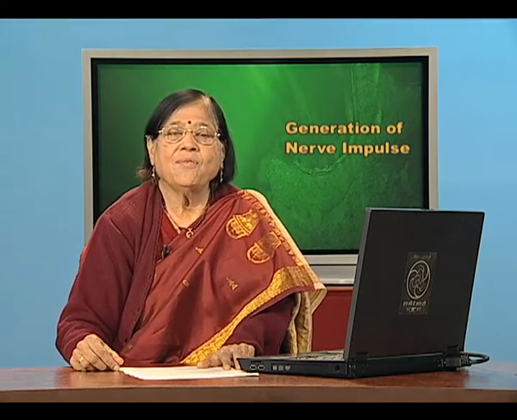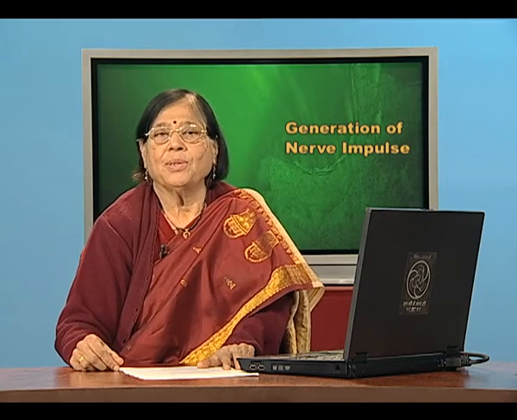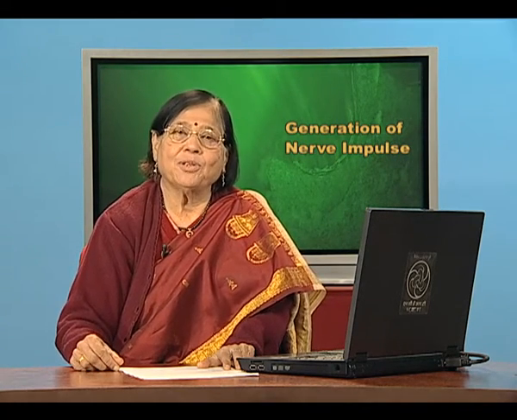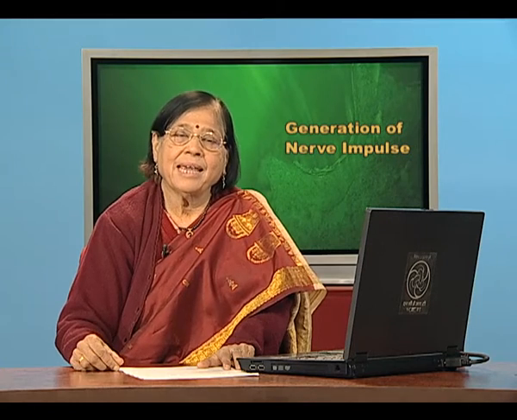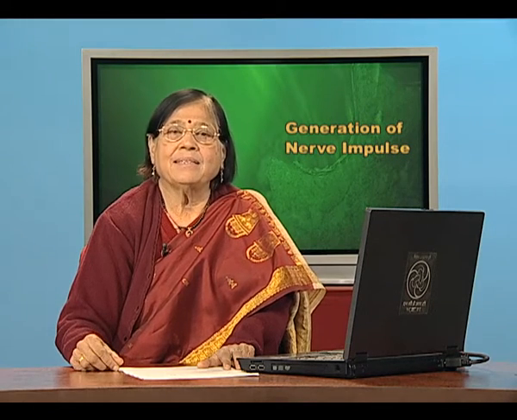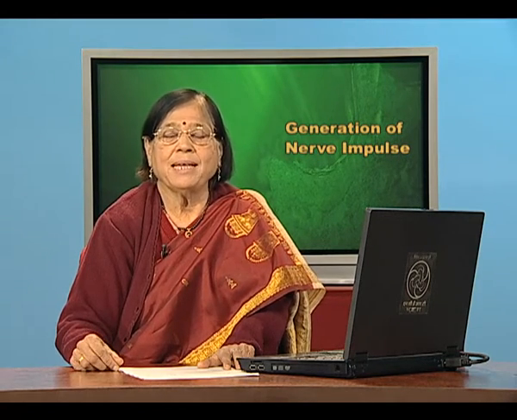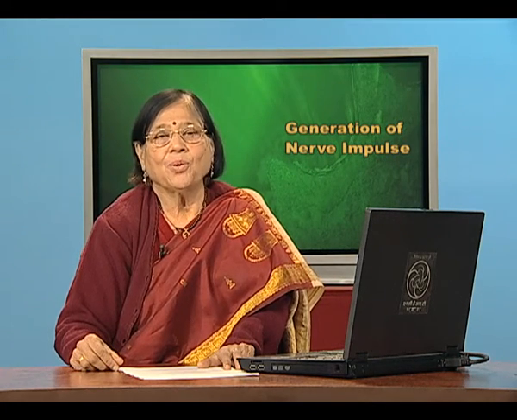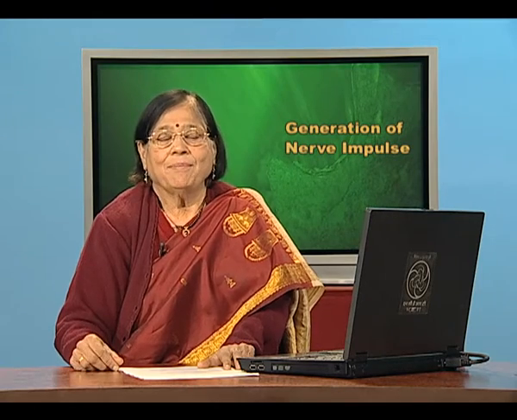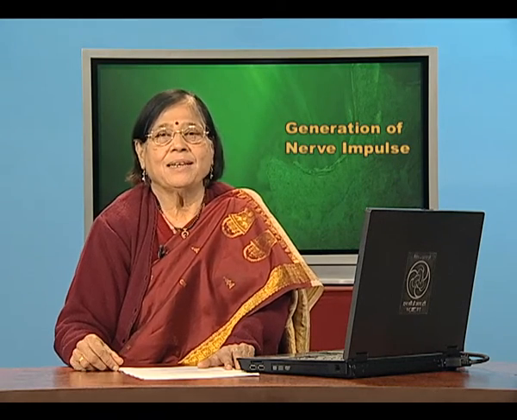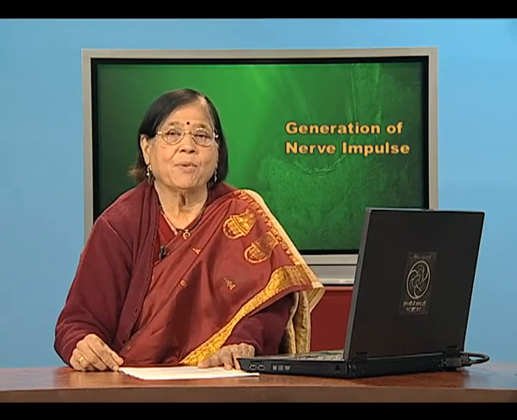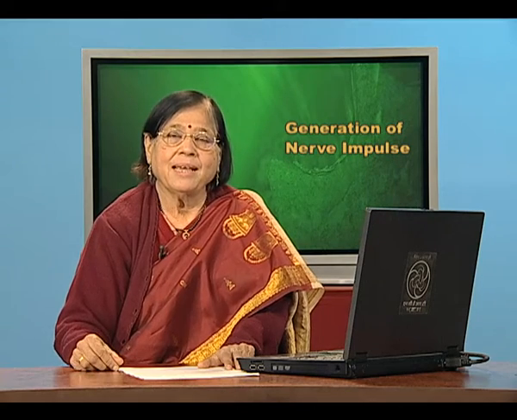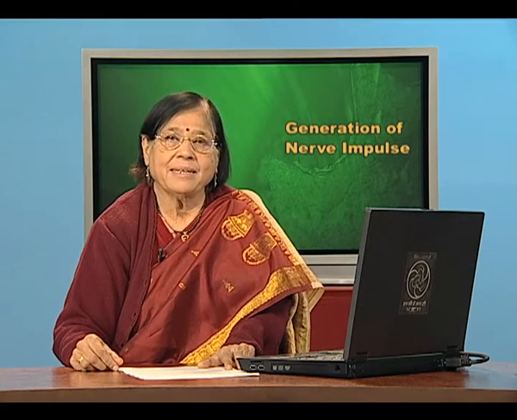And when the nerve impulse has passed through the membrane, again it comes to the resting condition, and the ions are kept normally, the way they should be in a resting condition. So, this is a very peculiar capacity which a nerve cell membrane has in our body, and that is why we say that a nerve cell is excitable.